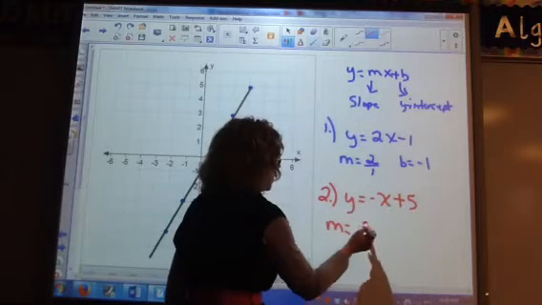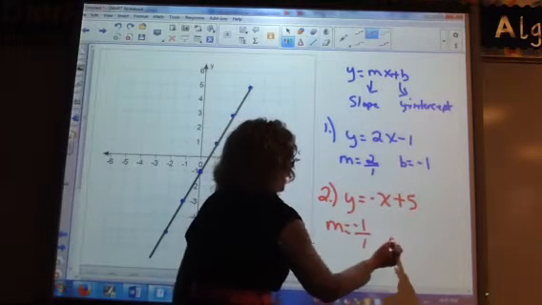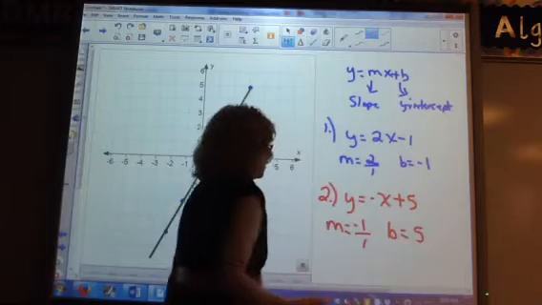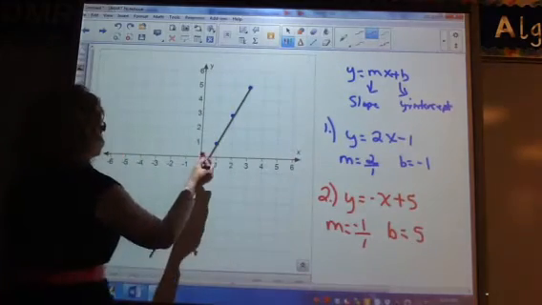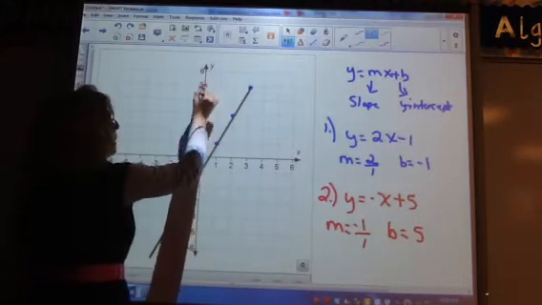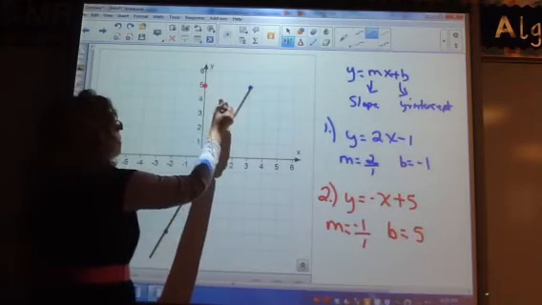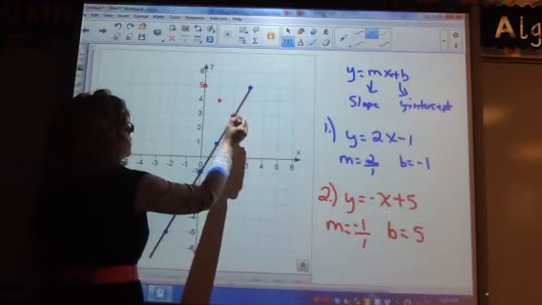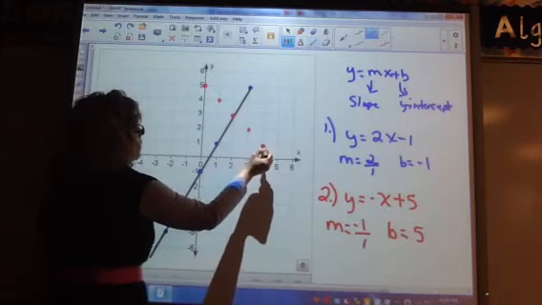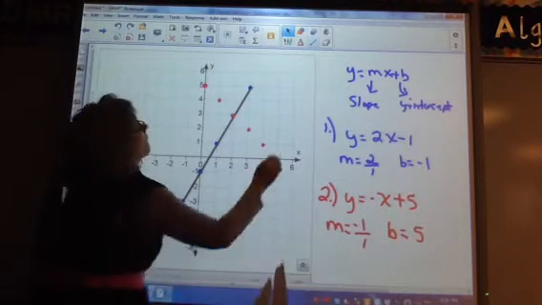Your slope is -1, and my y-intercept is +5. So on this one, start the y-intercept at +5, and my slope is -1 over +1. So I'll go down 1, right 1, down 1, right 1.